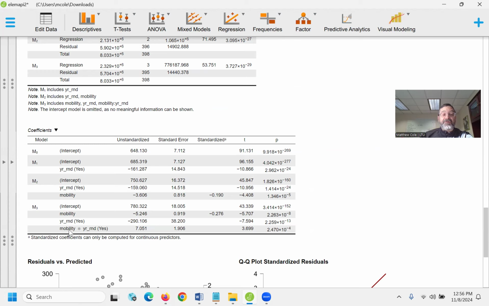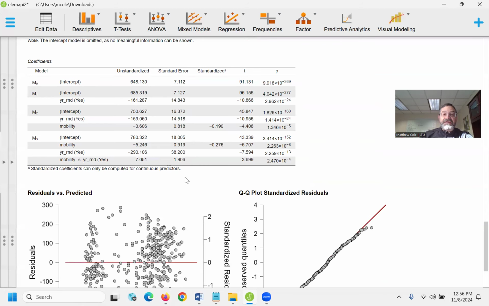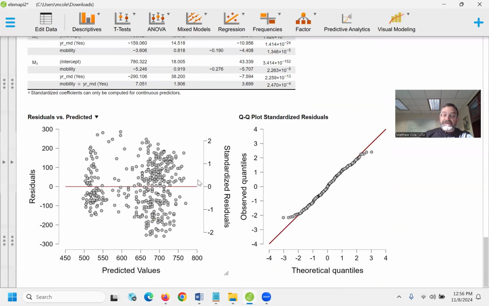And then the mobility times year-round interaction, remember, we saw that's that slope going back up. That's why it's a positive. So when we put it all together, we would say that, and then let's address the assumptions.